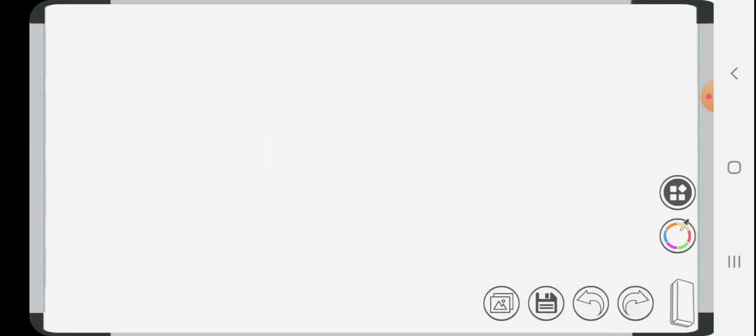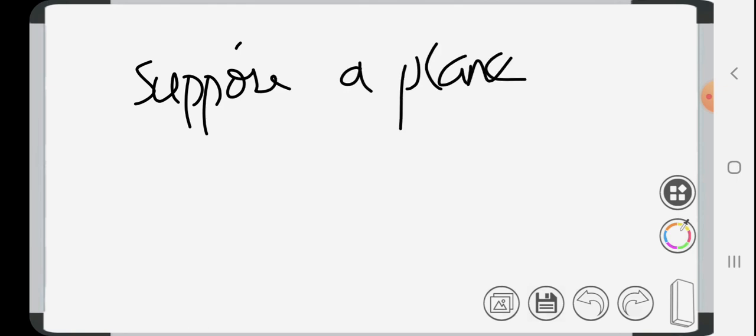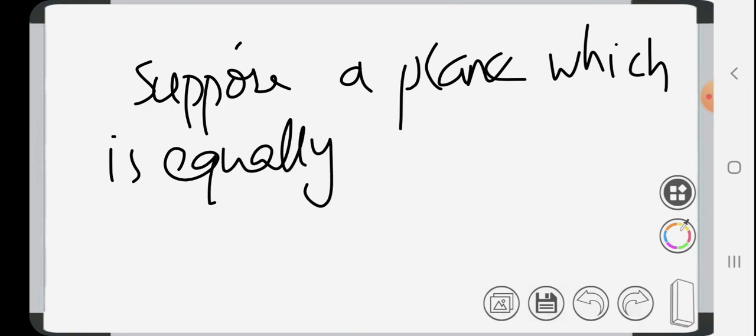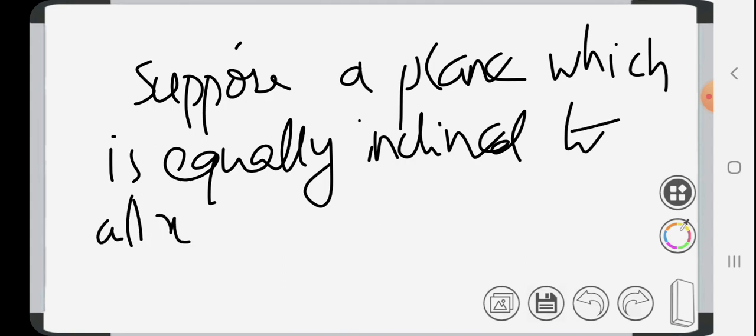Students, in this question you may be asked to find the stress vector on an arbitrary plane which is equally inclined to all the Cartesian coordinate axes, x, y, z.